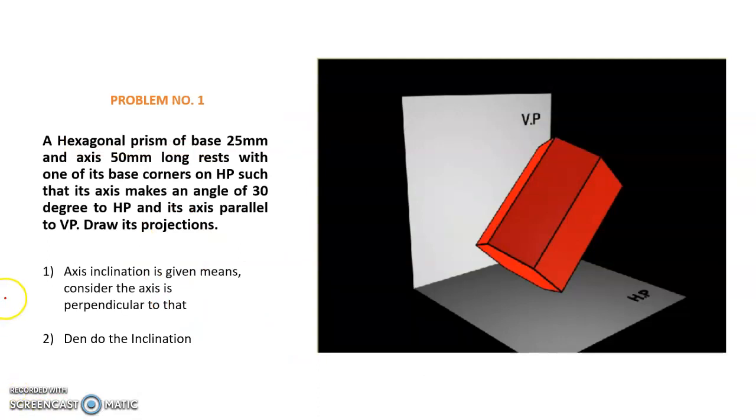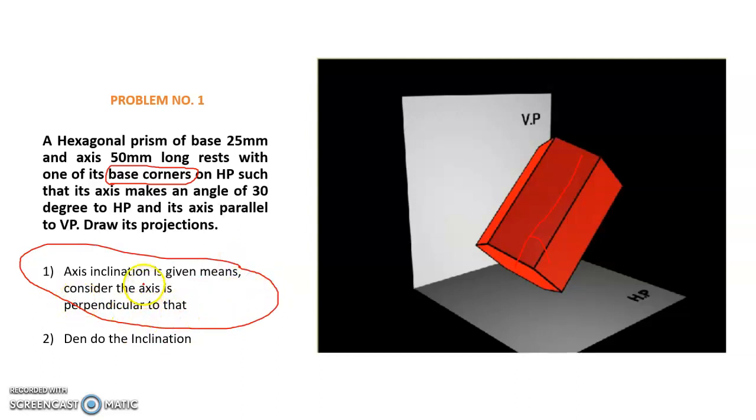Now we have come to the question, which is resting on its base corner, whose axis is inclined. This is a hexagonal prism. So from this edge to this edge we have the axis. This axis is inclined to HP. So what we have to do is, first we need to make the axis perpendicular.